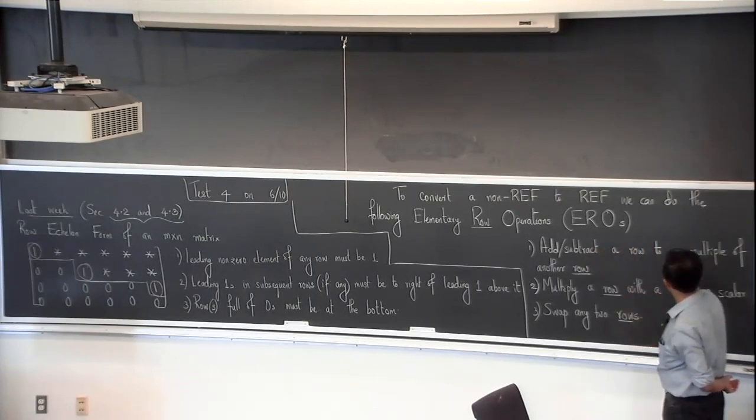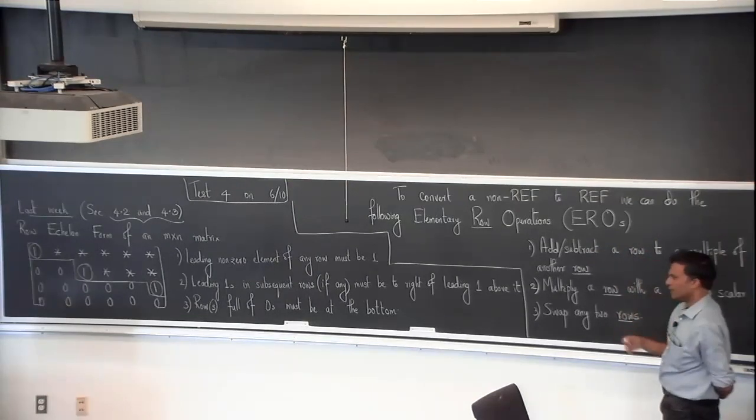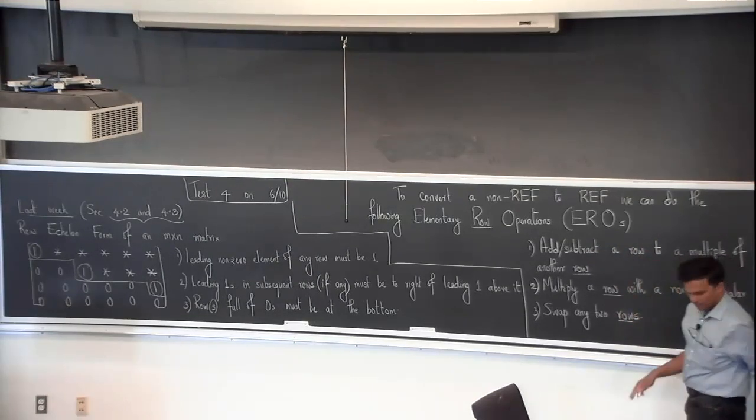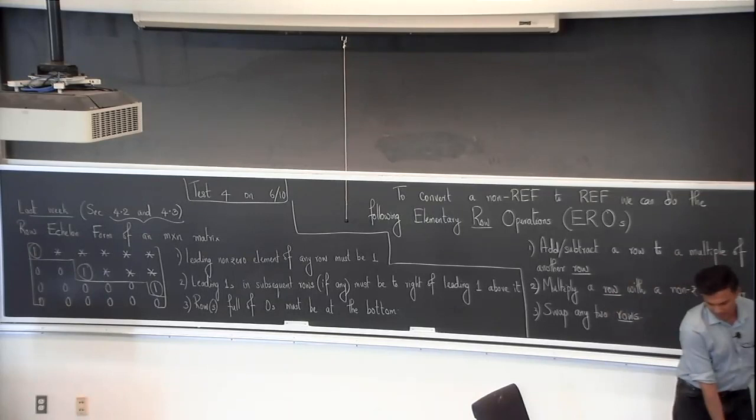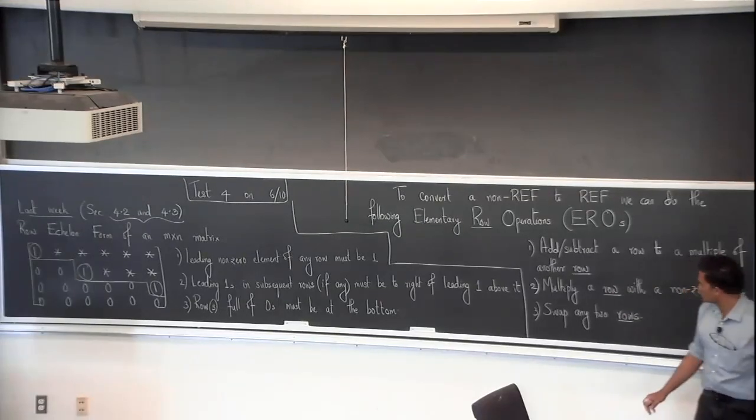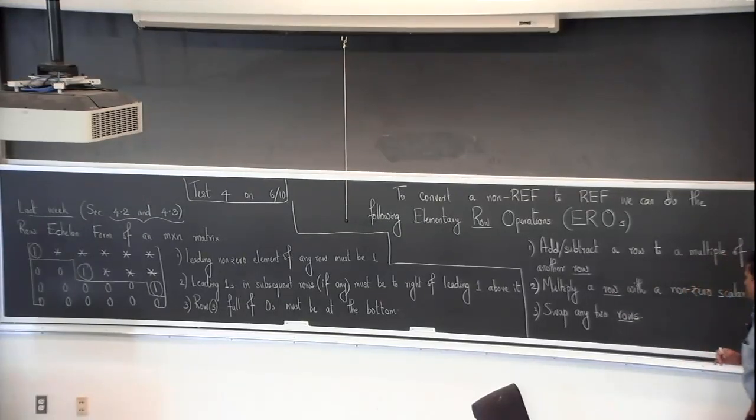You could take a row, multiply that row with a number, add it to another row. This is probably the most popular operation because it helps you manipulate numbers. You could also multiply or divide a row with a non-zero scalar, or you could even swap two rows, and you could do it any number of times as you want.